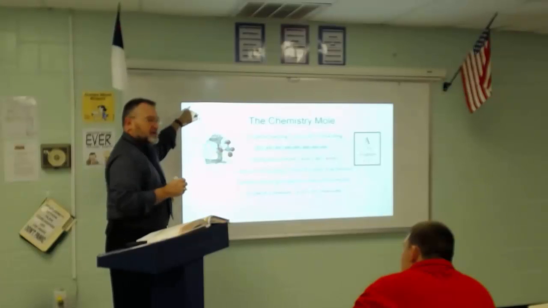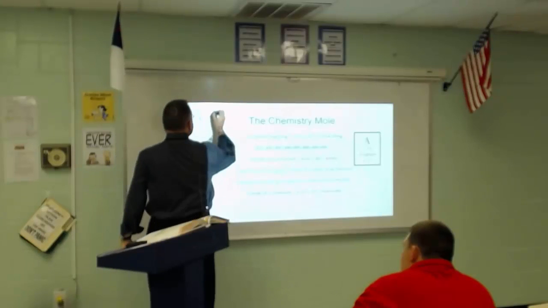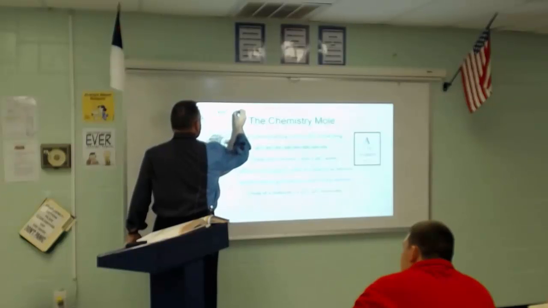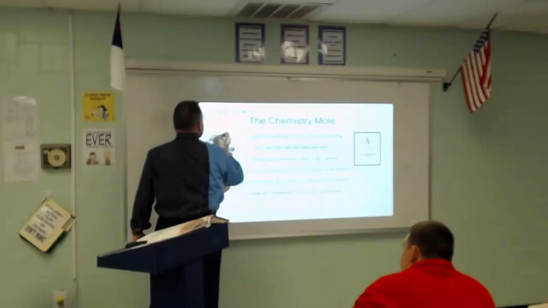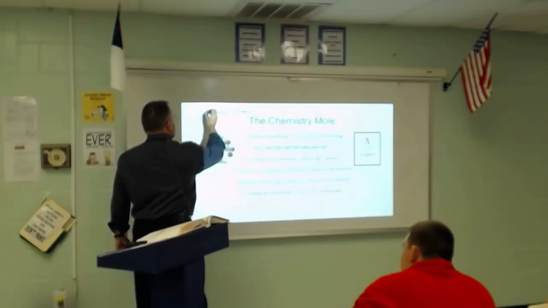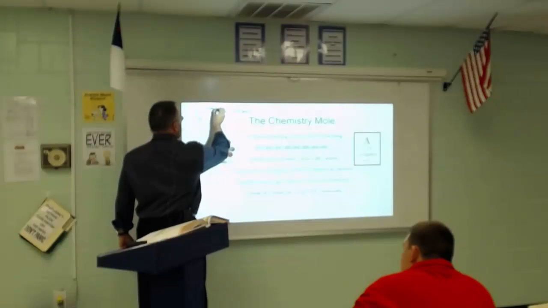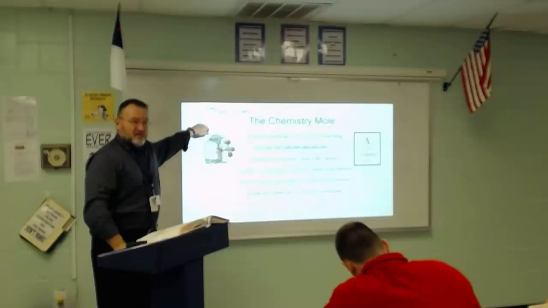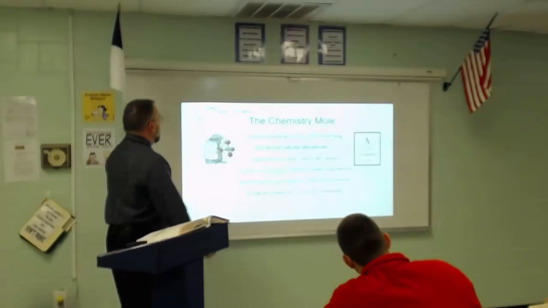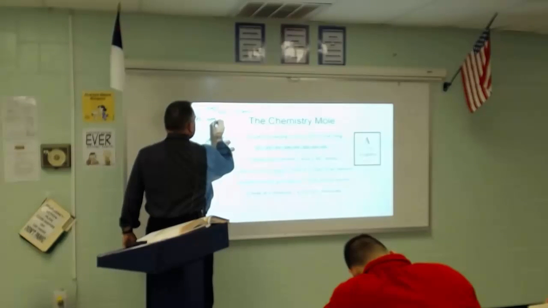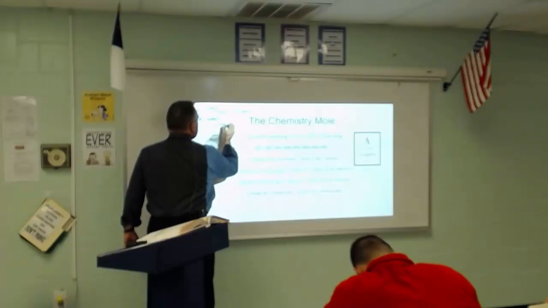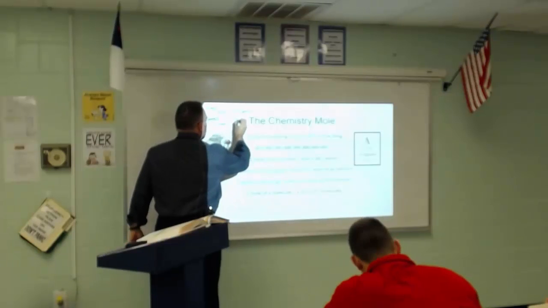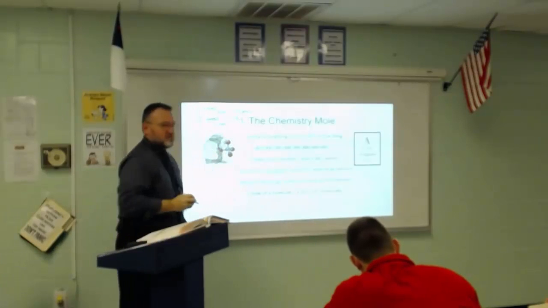That 1 carbon atom is equal to 12 AMUs, the mass of 1 atom. The mass of 1 atom is 12 AMUs because it has an atomic mass of 12. But the mass of 1 mole of carbon-12 is equal to 12 grams.